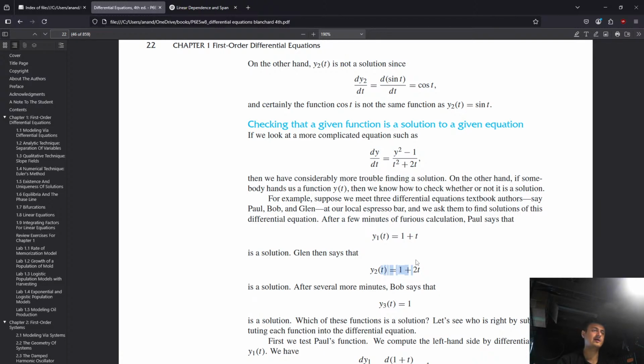So that doesn't seem right. And then if we do y of t equals 1, then we're going to get 0.